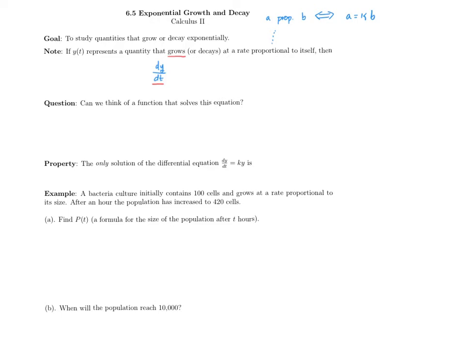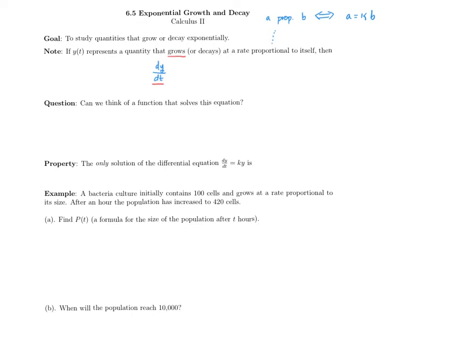So in terms of the given statement, y of t grows at a rate proportional to itself. So what we're being told is that dy dt, the rate of growth, is proportional to y of t.